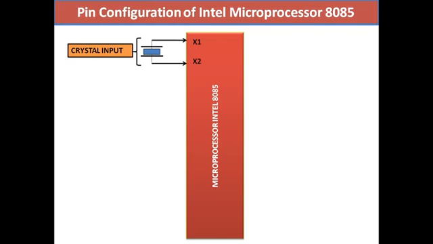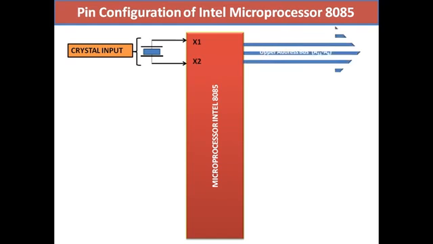So without clock, sequential circuits will never perform. So there is an internal voltage control oscillator inside the microprocessor 8085. Only thing that is required is a crystal. A crystal of 6 megahertz is being connected between X1 and X2 terminal.